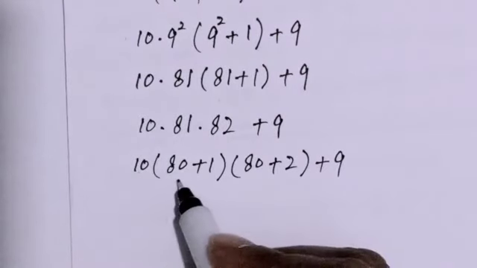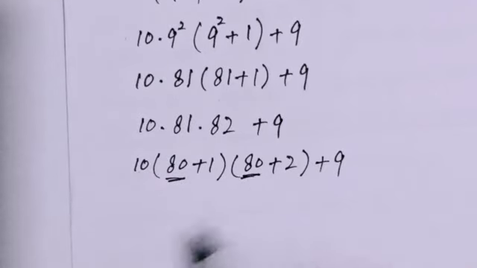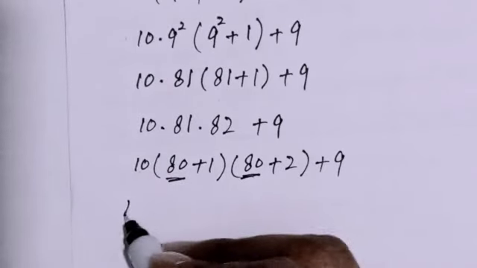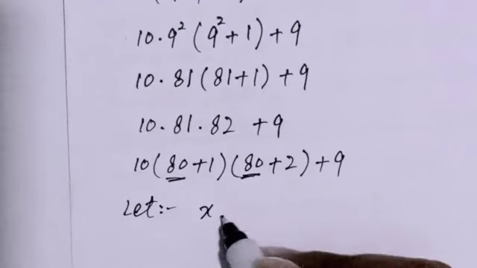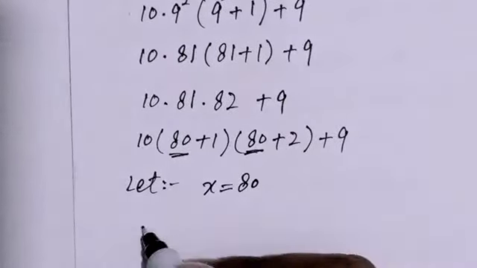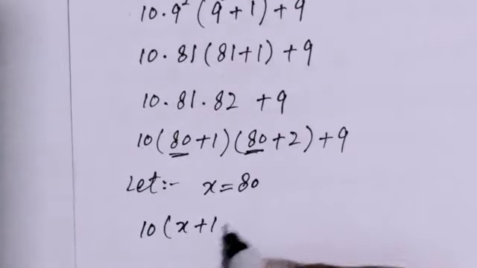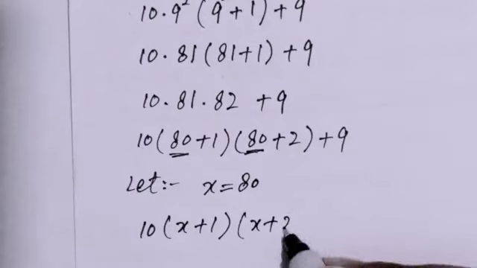So what I'm going to do is replace this 80 by x. So let x equal 80 to make it easier. So this is 10 times (x plus 1)(x plus 2) plus 9.